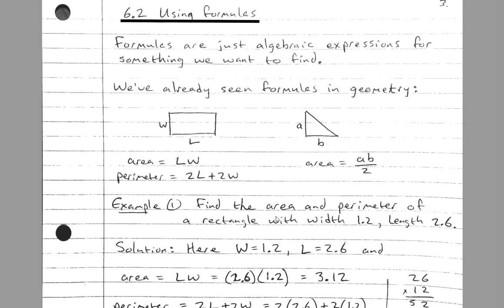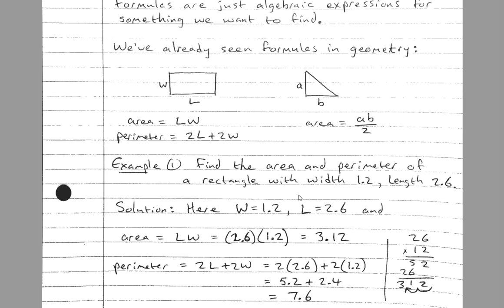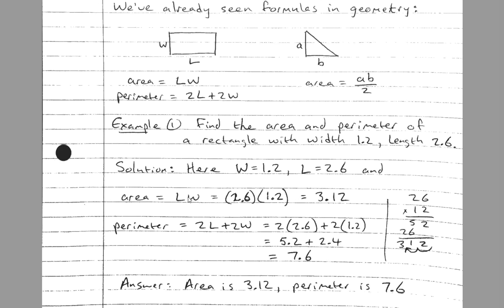Example 1, find the area and perimeter of a rectangle with width 1.2 and length 2.6. So using our formula, we'll substitute 2.6 for L and 1.2 for W. All right, so substituting to get the area and doing this multiplication.